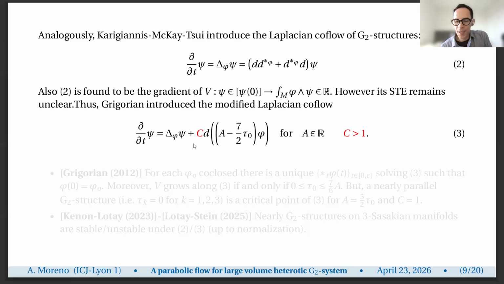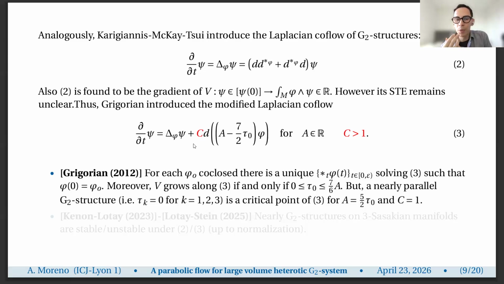But as I said before, doing this modification, you can prove short time existence for this modified coflow. You can also have some kind of monotonicity of the Hitchin volume functional along this flow if you have some bounds for tau naught.